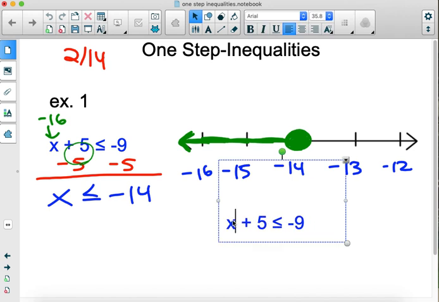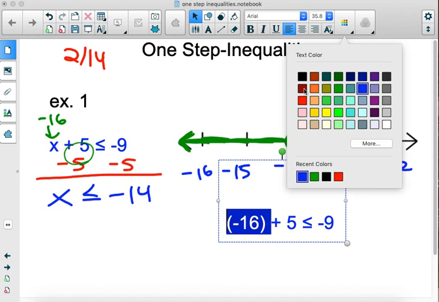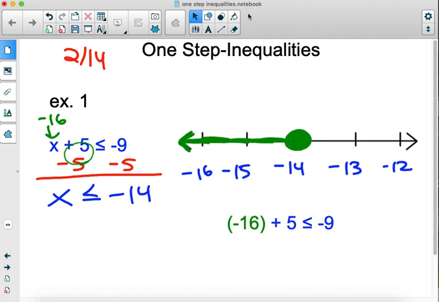All right, so let's change x for negative 16. And I'm going to make it green. Okay, let's do it. Negative 16.